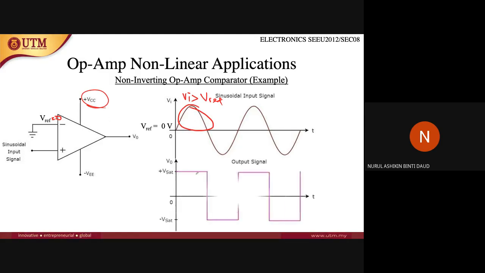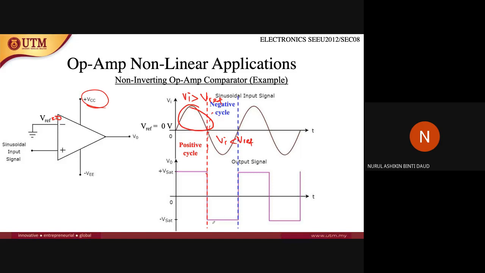So the output signal will be like this at this point. Now the input signal is lesser than the V reference here. So VI is lesser than V reference.